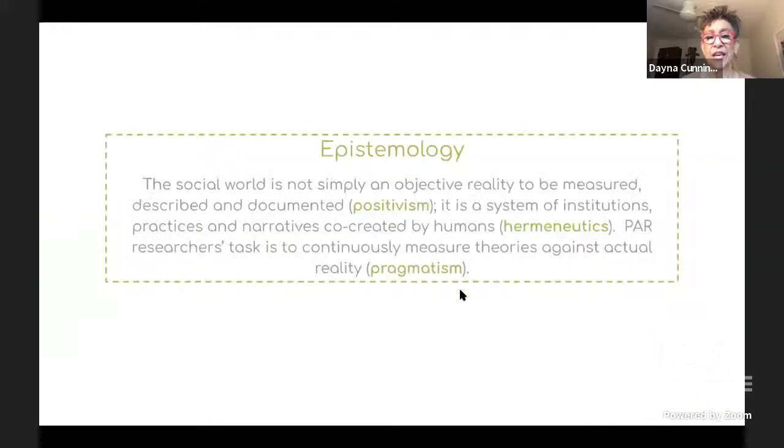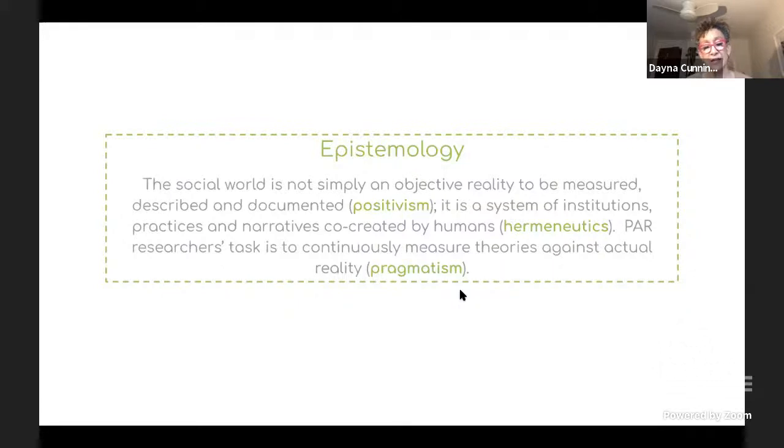There are two ways of thinking about the social world. This gets back to Aristotle versus Plato. One view is that the world is an objective reality that's meant to be measured, described, and documented. That's positivism. The other is that it is a system of institutions, practices, and narratives that are co-created by humans. That's this idea of intersubjectivity and meaning making by humans through their social experience.